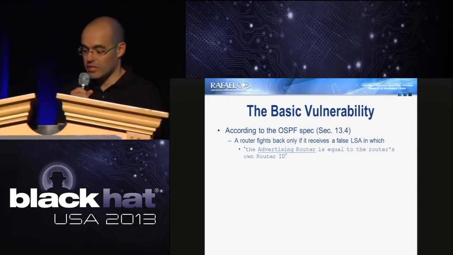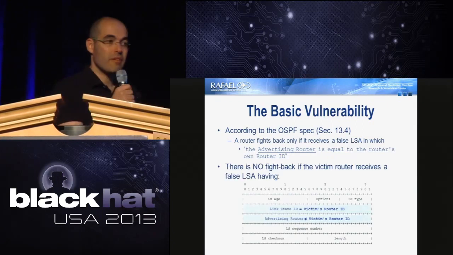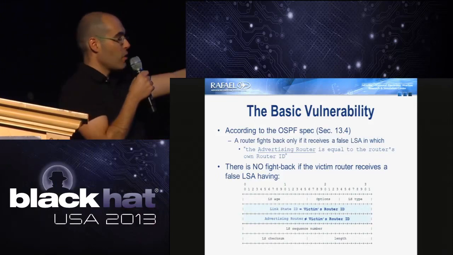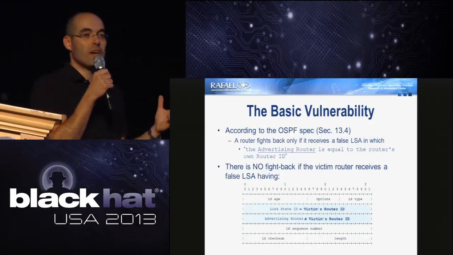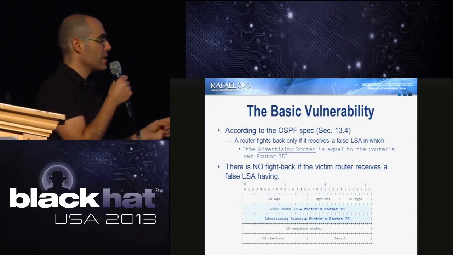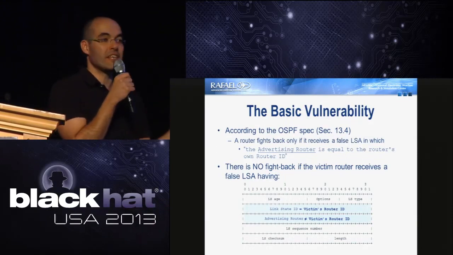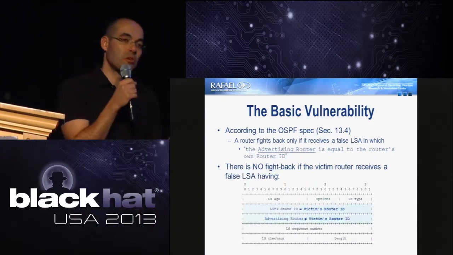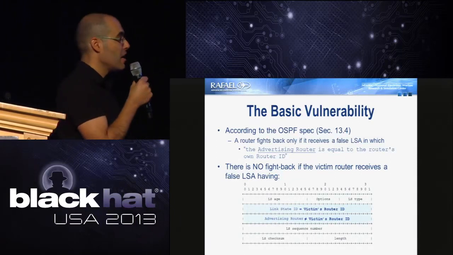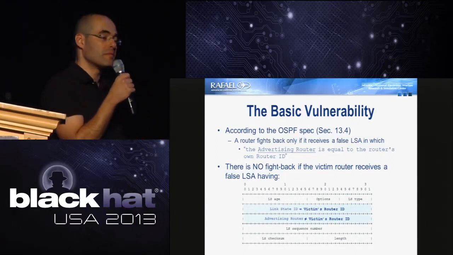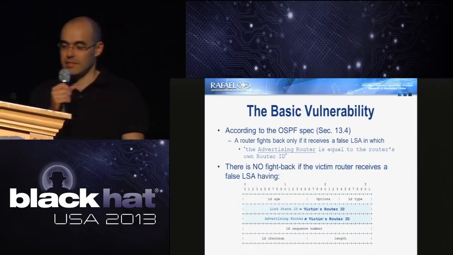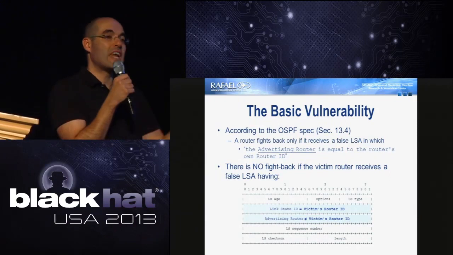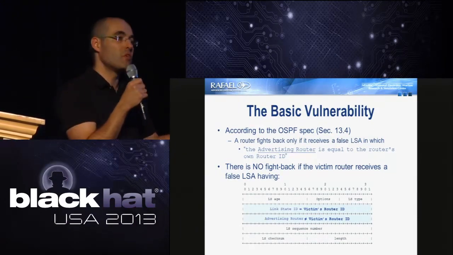This means that if an attacker sends out a false LSA with the following header, then no fightback will be triggered, meaning that if the header contains a link state ID that does equal the victim's router ID, but the advertising router does not equal the victim's router ID, then no fightback will be triggered whatsoever. And this is despite the fact that this LSA claims to describe the very links of that victim router. No fightback will be triggered.